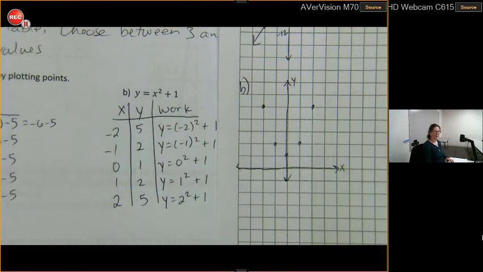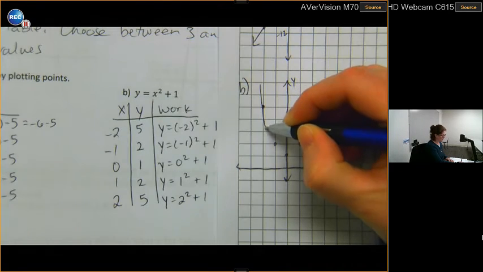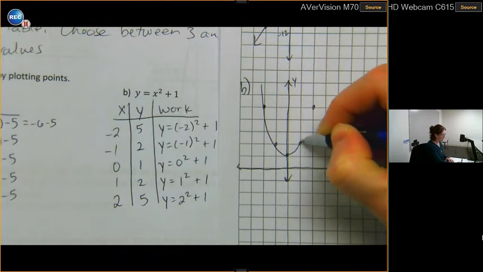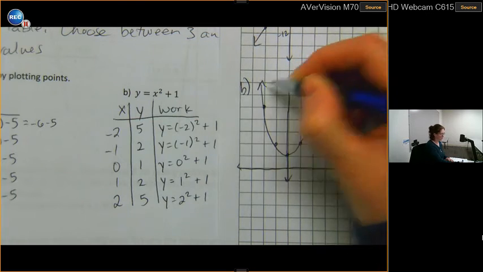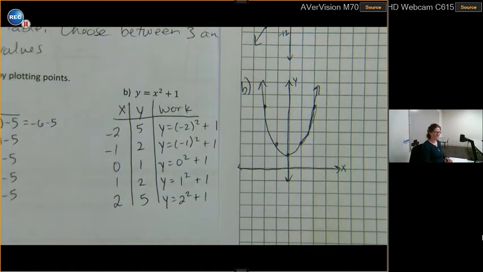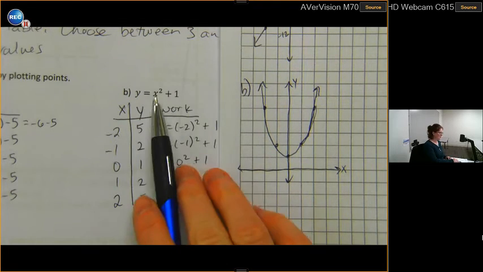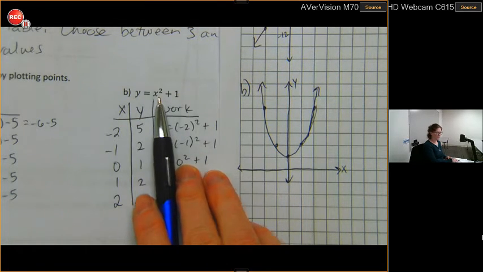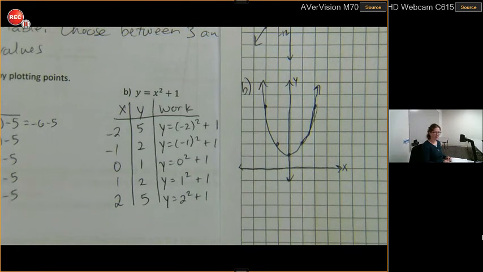This time I get kind of a curvy U-type shape. The graph is called a parabola, which we'll discuss more in a later chapter. Anytime you have an x being squared, you should expect this shape of graph.